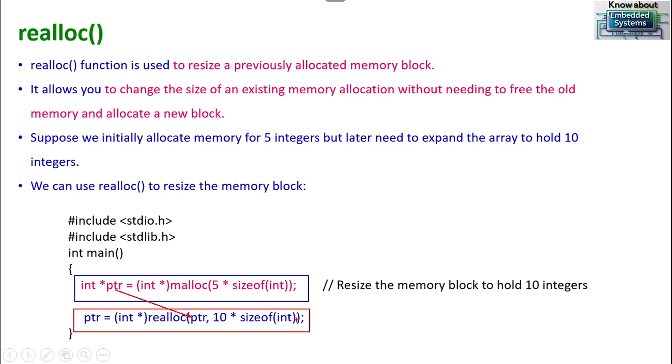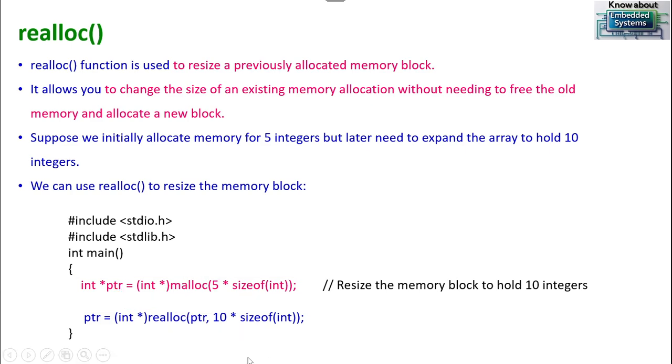It is exactly similar to the malloc function. So I hope realloc is also clear. Realloc is used to reallocate the memory size. So this is how we'll be using realloc: pointer name, modified size, and size of integer. So this is our realloc function.